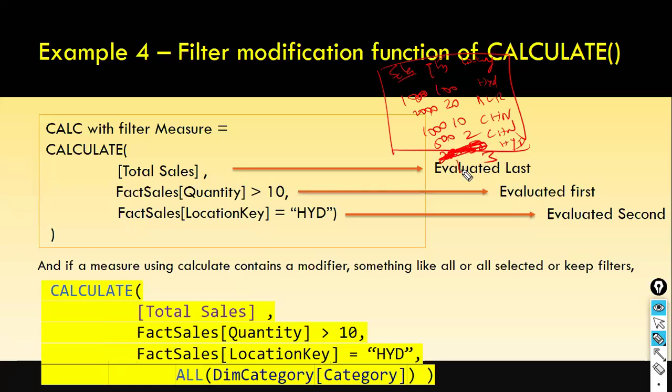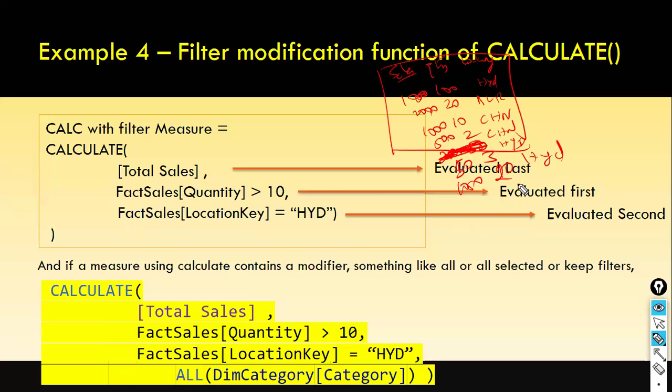If I ask you, in the Hyderabad location where we sold more than 10 units, for those transactions, give me the total sales. I'll just put one more record here, Hyderabad, and here you have 20, and then 1050, something like that.